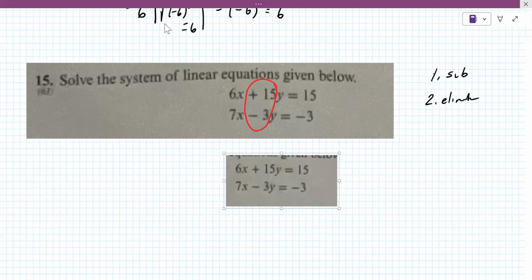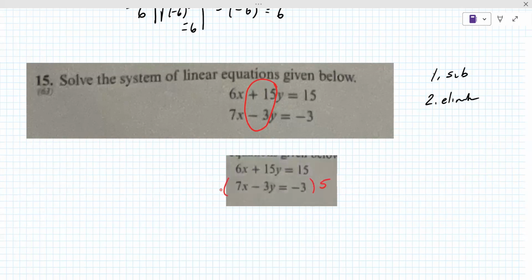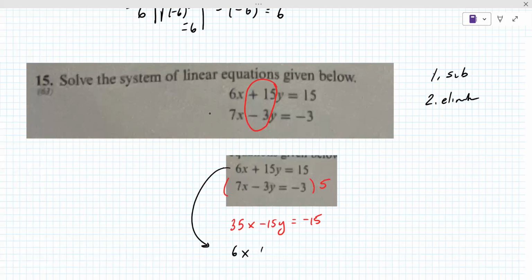So if you believe me here, we're going to multiply the second equation by 5, because that will get you to minus 15 to go with the positive 15. That's 35x minus 15y equals minus 15. And then you bring down the other equation, 6x plus 15y equals 15.